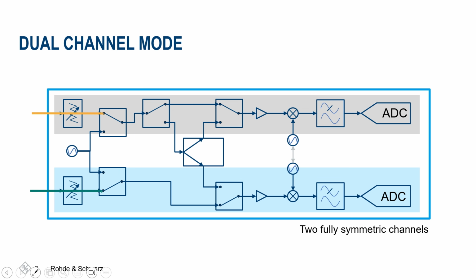And if I stop my little animation, you can see the two signals on the two paths traveling in parallel on these two fully symmetric channels before reaching the ADCs and being handed over to whatever measurement application we want to use it in. And with that, let's go right into the demo.